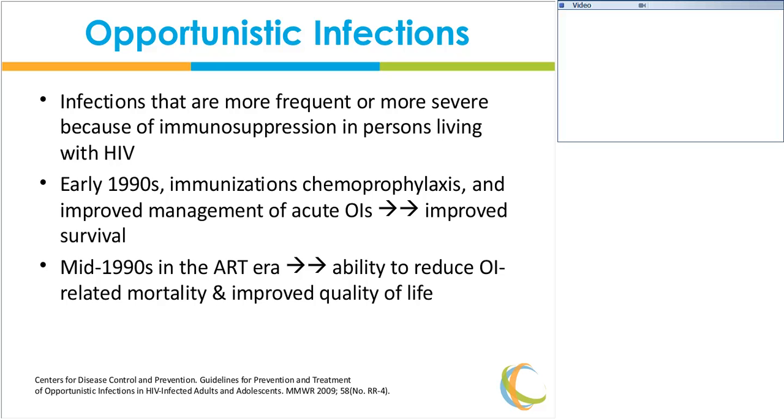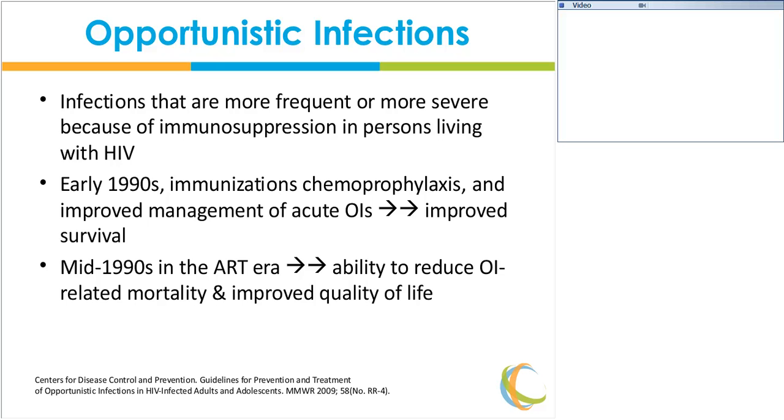You might think about older people who are generally in poor health, poorly nourished, and chronically ill with other diseases. In the early 1990s, we found that with appropriate immunizations plus chemoprophylaxis with specific medications targeted to specific opportunistic infections, we had improved management of acute OIs as well as prevention of certain ones of the opportunistic infections. All these measures together resulted in improved survival, and for many patients, we were able to prevent devastating opportunistic infections.